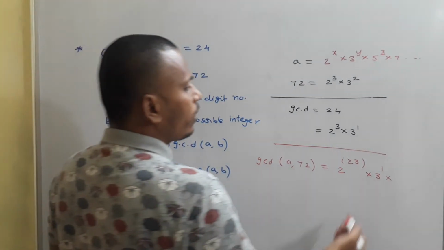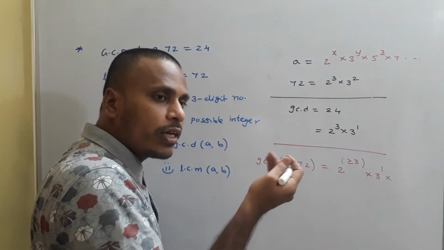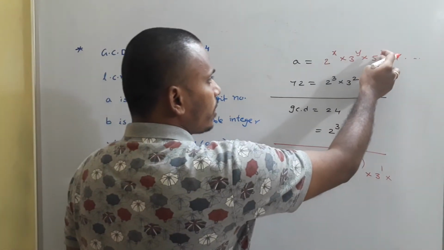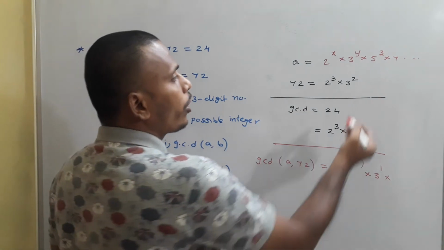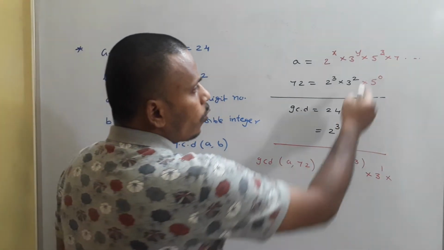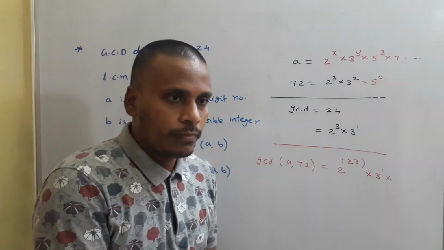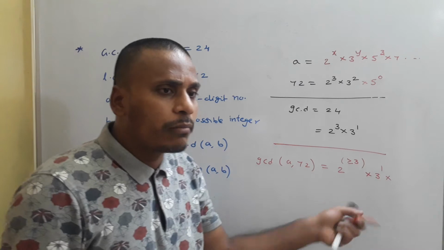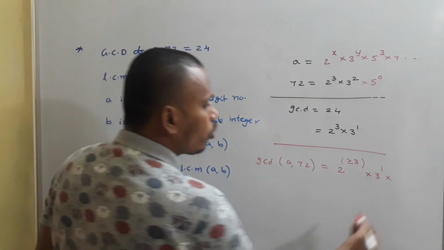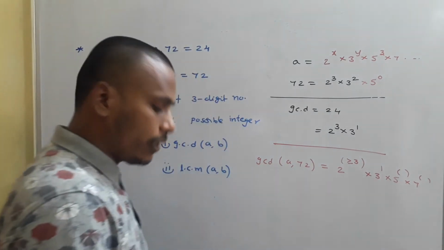Whereas coming to 5, since 5 is not involved here, so 5 power 0, 0 itself is the least, so this z may be anything. What is the minimum value of z and 0? It is 0, and that's why z may be any number, no problem. So at the end what we need to conclude is, you may get anything for 5 power, anything for 7 power, like that.